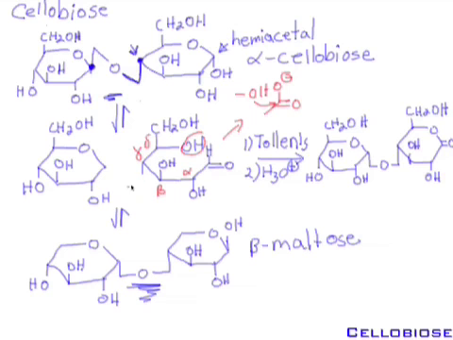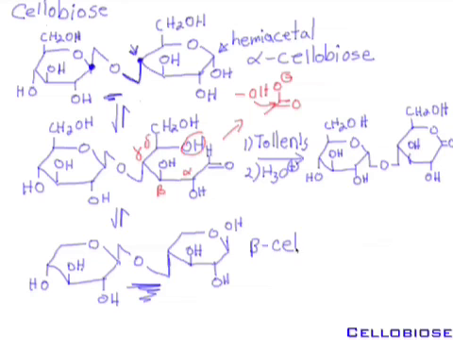Because it also has a hemiacetal end, it can ring open and interconvert to beta cellobiose. And in fact, just like alpha maltose was the repeating unit found in starch, beta cellobiose is a repeating unit found in cellulose.